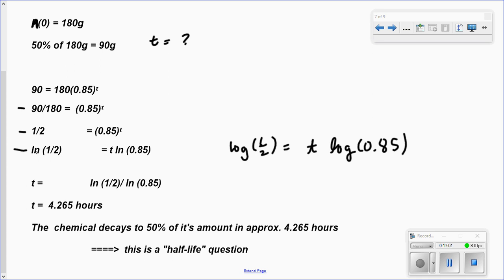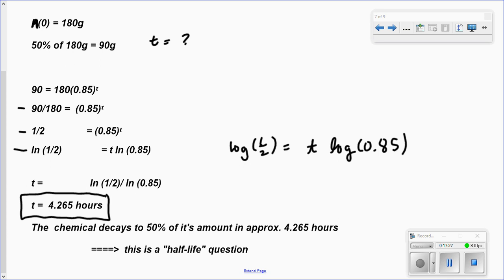In this case I've got ln, that's the natural logarithm, a special base. Either way, the process is you just take the log of both sides, and then I isolate my t, so t equals the log of 1/2 over the log of 0.85, and with the calculator that gives me a time elapsed of about 4.265 hours.